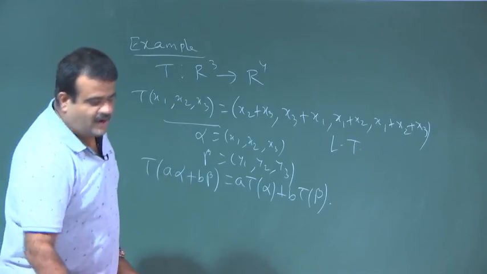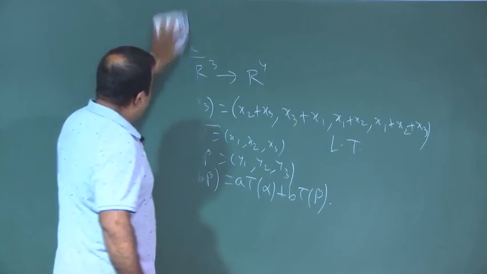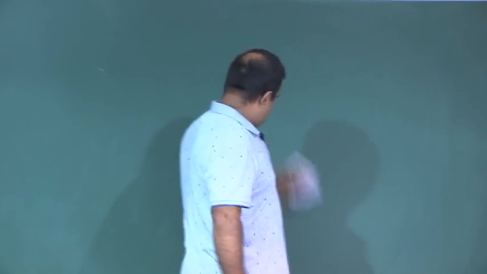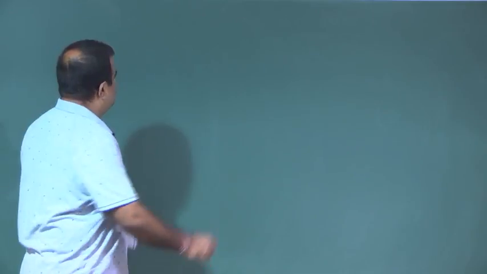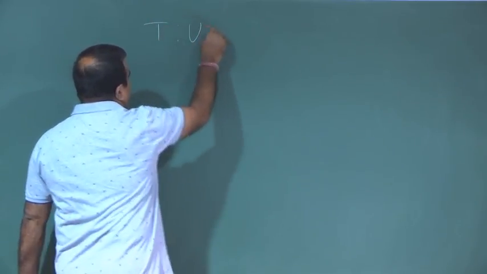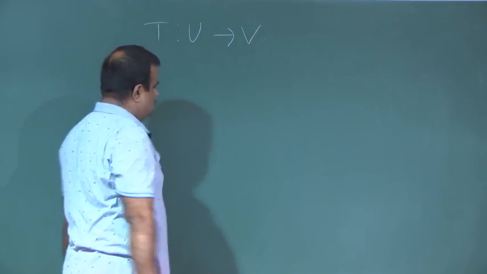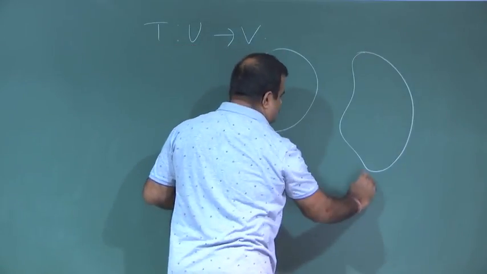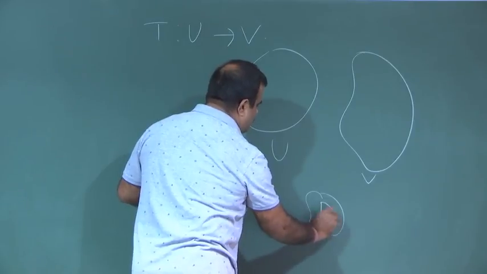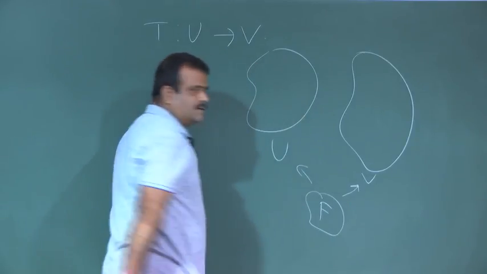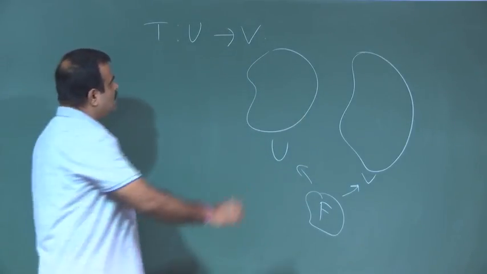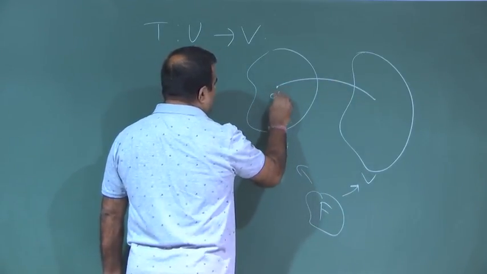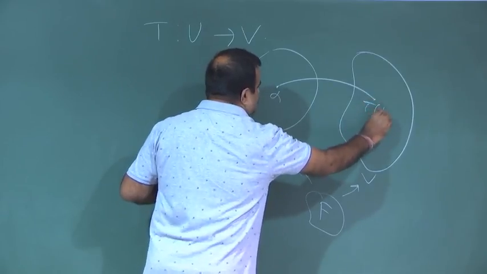Now we have some properties of linear transformations. The first property: suppose we have a linear transformation from U to V. We have a vector space U and another vector space V over the same field F. We have a mapping from here to here, where alpha is mapped to T alpha.